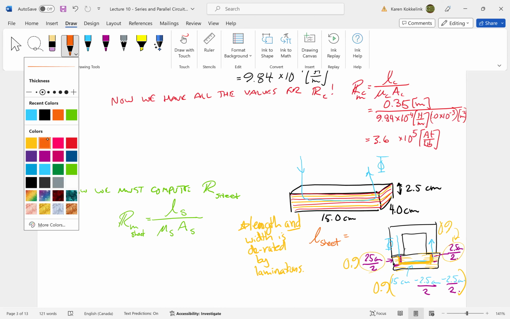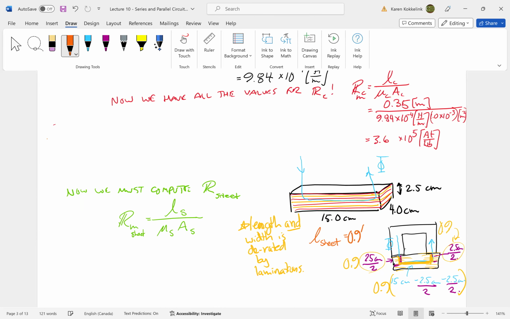They're not going over, but this is how we do it. So it's going to be 0.9 length times width, 0.9 length times width, which is 0.9 times 2.5. Oh, that's area. Sorry. That's area.